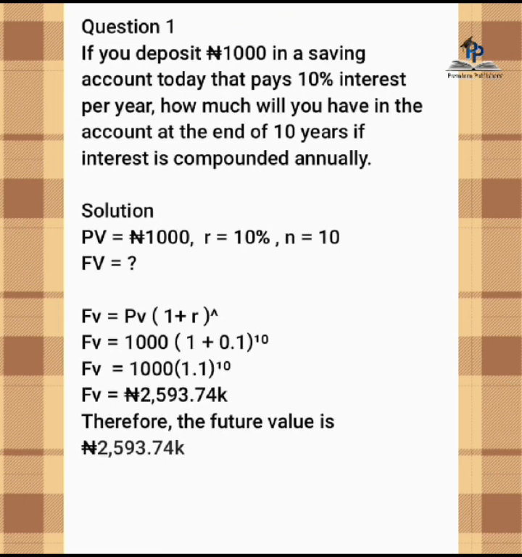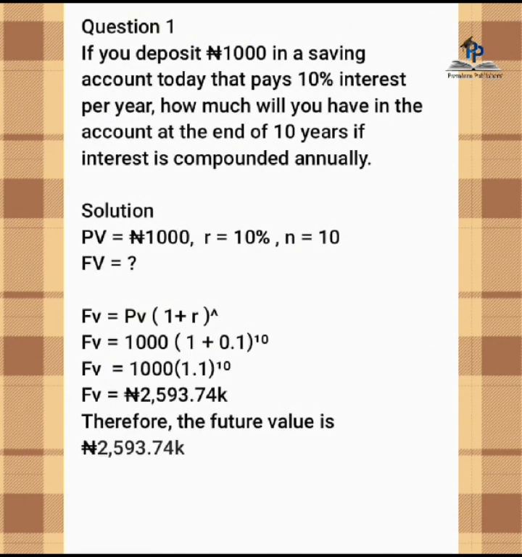Future value equal to PV, bracket open, 1 plus R, bracket close, raised to the power of n. In this case, according to the question, the present value was given as 1,000 naira. The interest rate, which is R, is given as 10%, while the number of years, which is the duration, is 10 years. And the question says future value should be found.